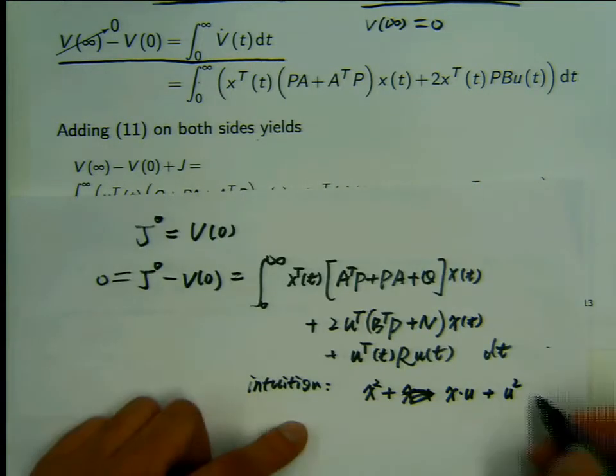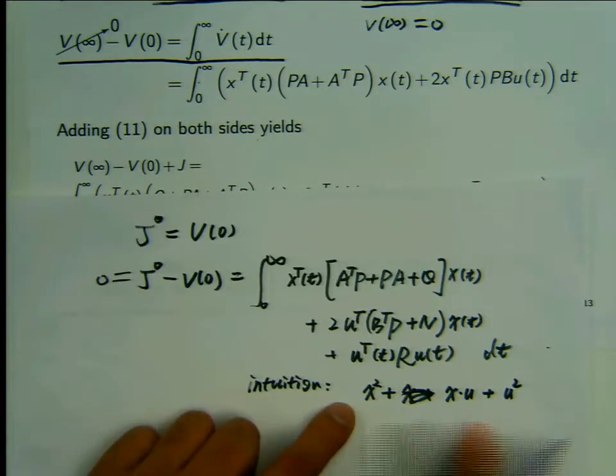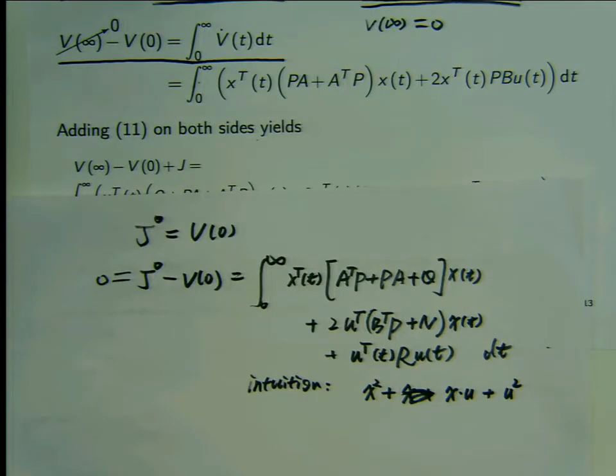If I ask you how to minimize this guy, x and u are the decision variables here. Take the partial derivatives with respect to each term. You can get the results, right?